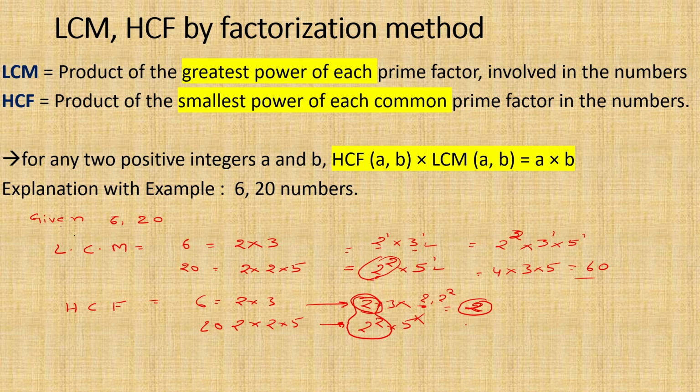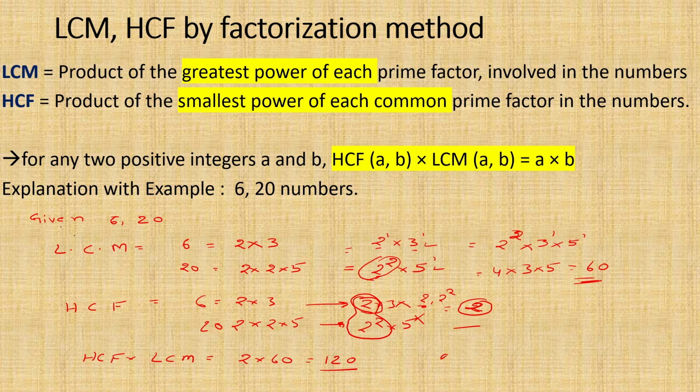So HCF is only 2 and LCM is 60. From the numbers 6 and 20, LCM is 60 and HCF is 2. Now I will check whether this formula is correct or not. HCF into LCM is equal to 2 multiplied by 60, which is 120.